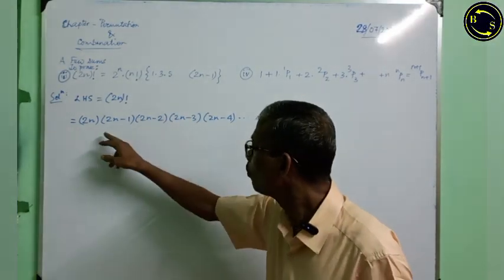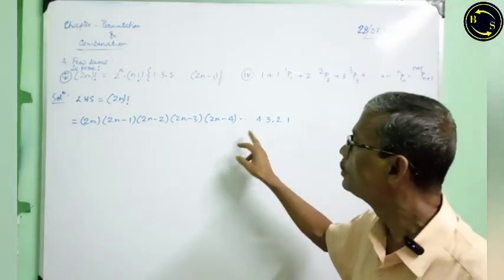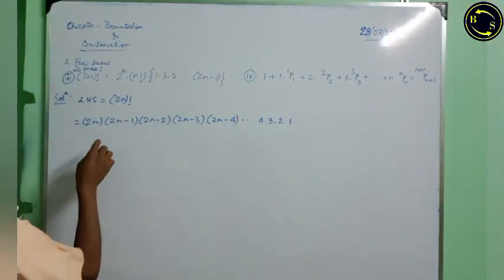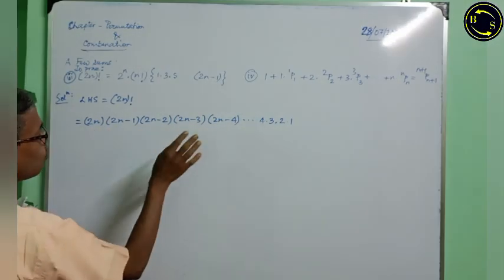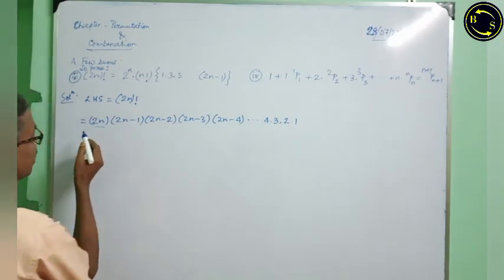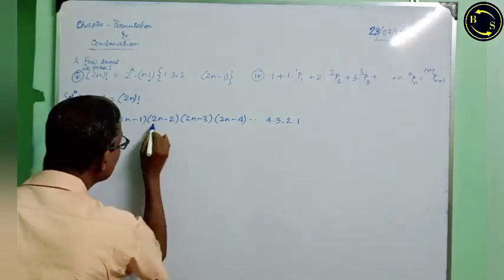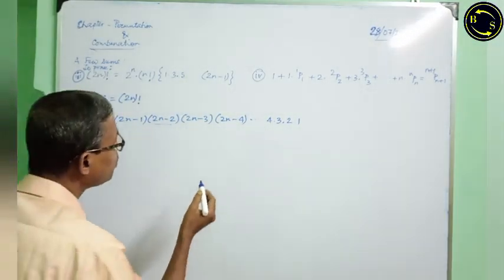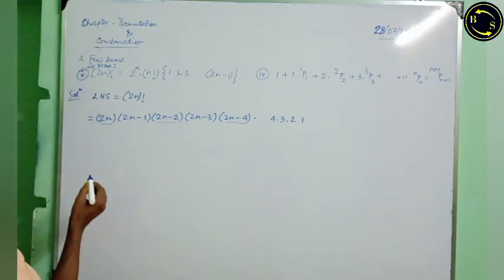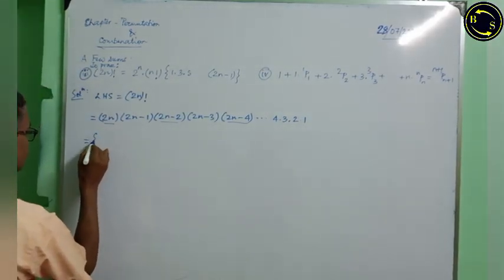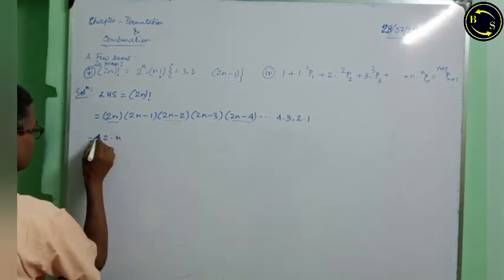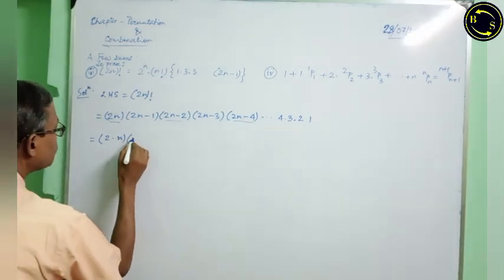Now, after writing in expanded form for 2n factorial, we note the numbers occupying odd places. What are those? 2n, it has one factor 2, then 2n minus 2, it has one factor 2, then 2n minus 4, it has also 2 as one factor. Now I write this 2 into n, no need of putting second brackets.